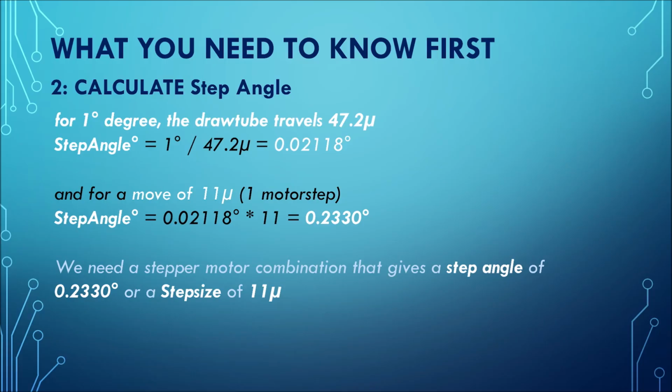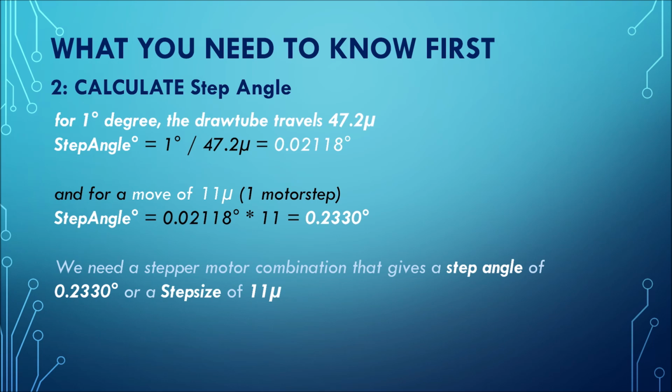Right, so let's work out what the step angle actually is. In 1 degree, the Drawtube travel is 47.2 microns. If we divide the step angle by the number of microns travel, we'll get 0.02118. So 1 micron moves a step angle of 0.02118 degrees.